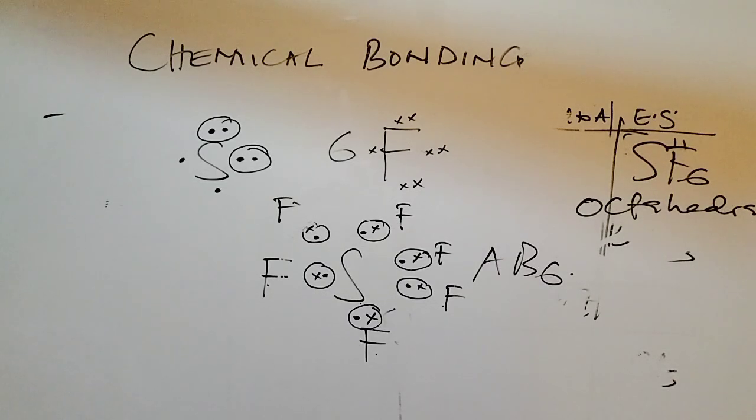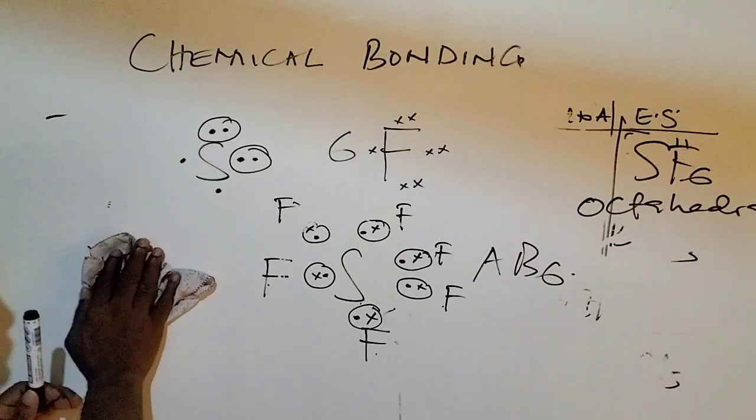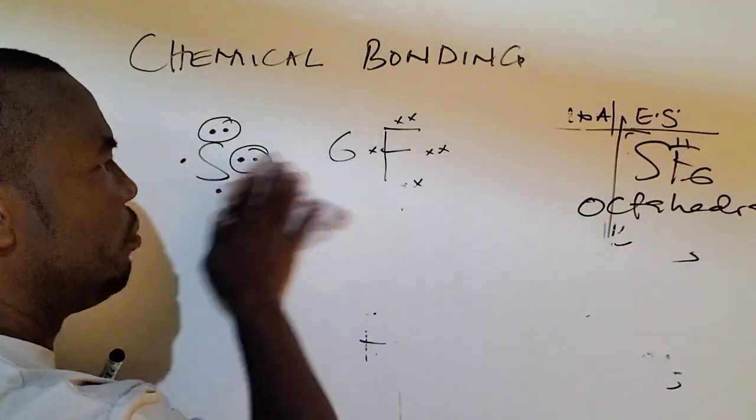No lone pair on the central atom bonded to 5 atoms gives us what we call trigonal bipyramidal shape. No lone pair on the central atom bonded to 6 atoms, as we have on the board, gives us octahedral shape.